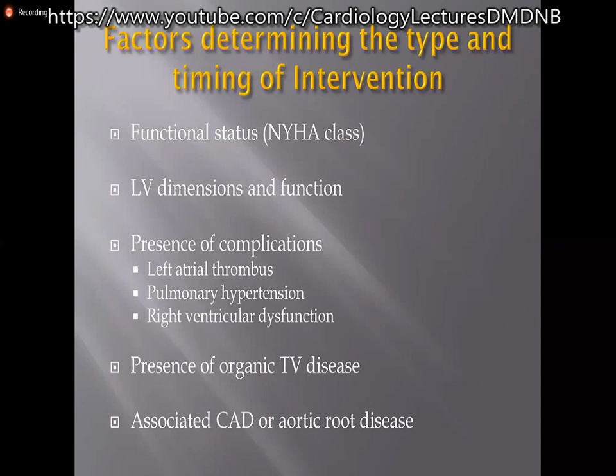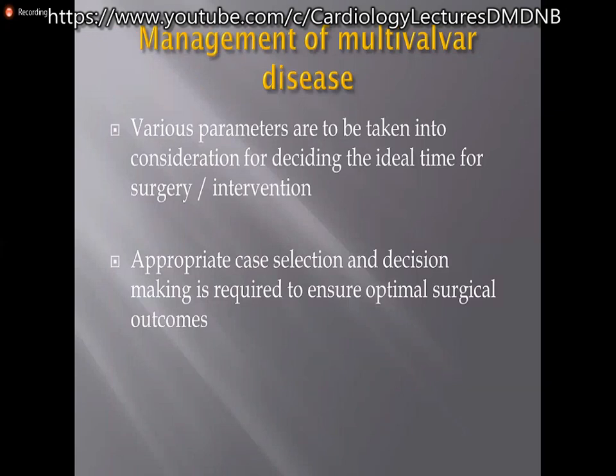In fact, in our own paper, nearly 6% of patients with valvular heart disease do have coronary artery disease, and aortic root disease and dimensions are also important whenever you are contemplating aortic valve surgery, because nowadays aortic root replacement or the Bentall procedures are really streamlined with an excellent outcome. So various parameters are to be taken into consideration for deciding the ideal time for surgery or intervention. Appropriate case selection and decision making is required to ensure optimal surgical outcome.